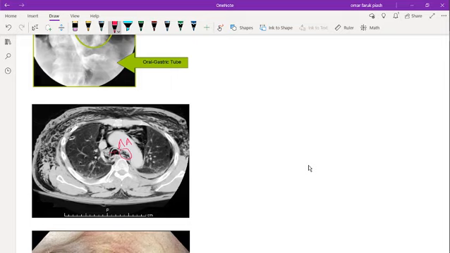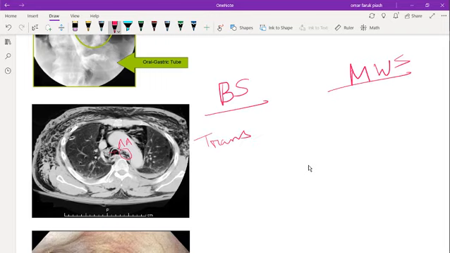And now Boerhaave syndrome. What is the difference between Boerhaave syndrome and Mallory-Weiss tear? In Boerhaave syndrome there is transmural involvement.